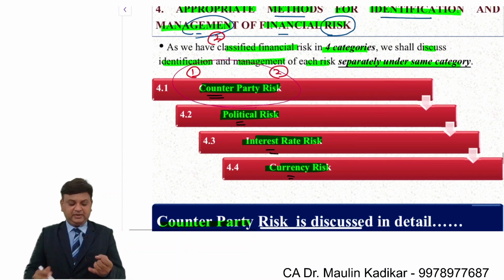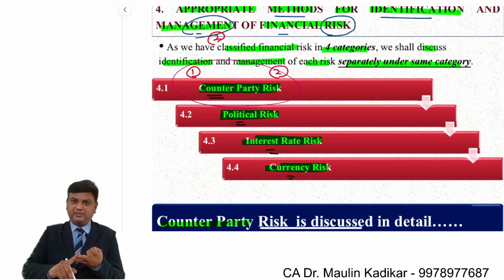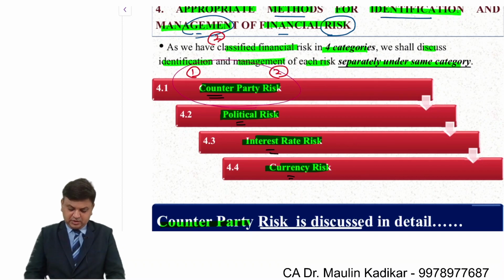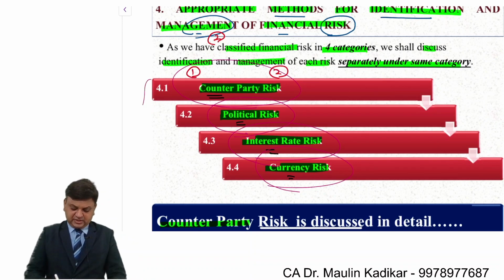Counterparty risk means you have sold goods on credit and you are not receiving the payment, you have made an advance payment and you are not going to receive the goods, or you have given a bank loan and you are not going to receive the interest and principal. Political risk, in the country in which you are doing business. Interest rate risk, on investment and borrowing. Currency risk, if you have exported goods or imported goods, in foreign currency.